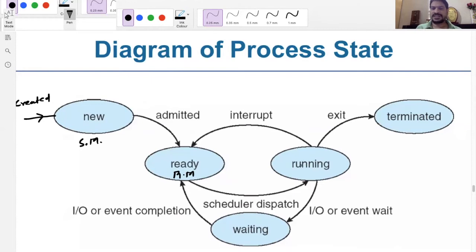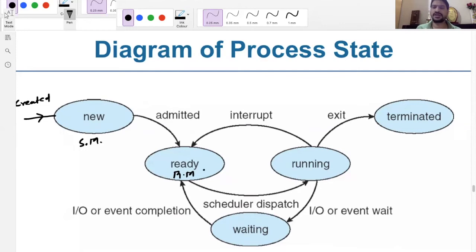And let's say some interrupts can occur due to some problems, like a higher priority process has come into the ready queue, or some sort of preemption algorithm we have used. For that we need some sort of interruption. So on that, the process will go to the ready state, because it is not finished.